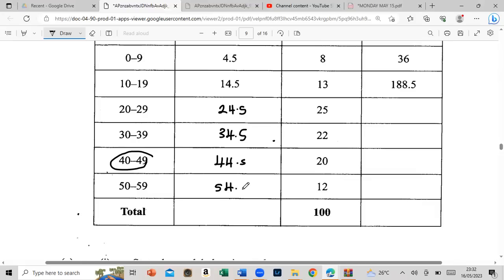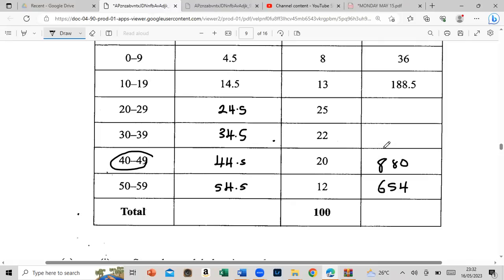All right. So now we are supposed to multiply the midpoint by the frequency. So each row, 12 times this. This is 654. And for this one, it's 880. So guys, use a calculator to just complete it quickly.